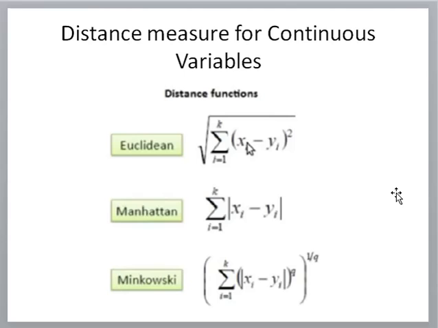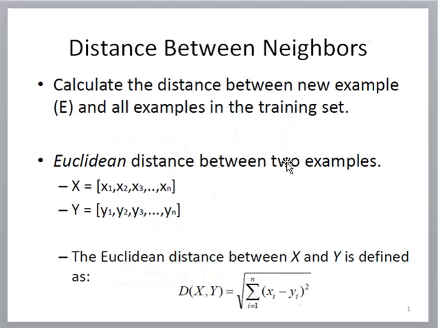We have already seen different distance measures, so I don't think I need to explain these equations again. As I told you earlier, the most commonly used distance function is the Euclidean distance, which we saw in k-means with three different examples. We will be using this distance function in our KNN algorithm as well.